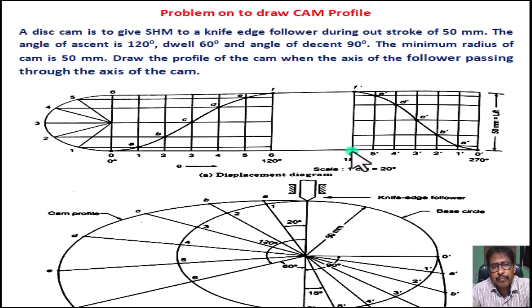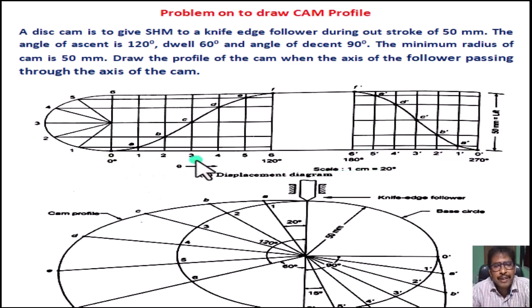Now this is the angle of descent, 90 degrees, from 180 to 270 degrees. This represents 4.5 centimeters, as the scale is 1 centimeter equal to 20 degrees.